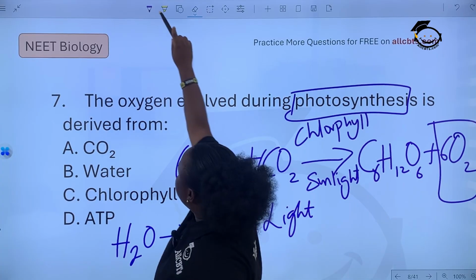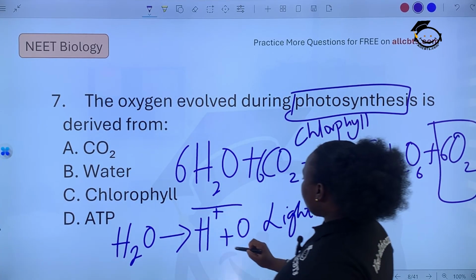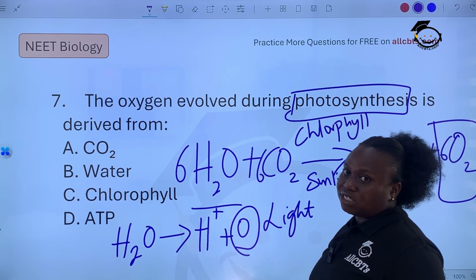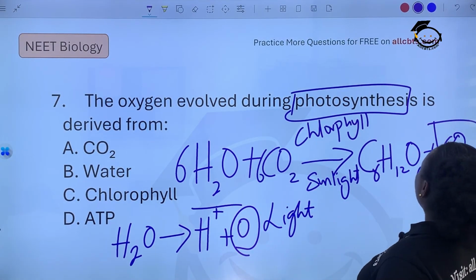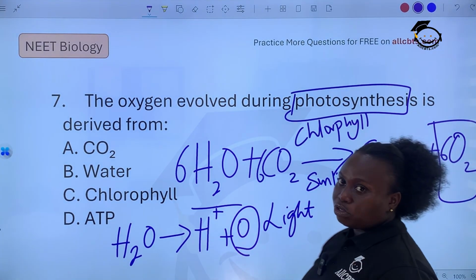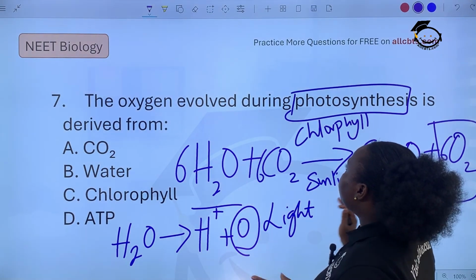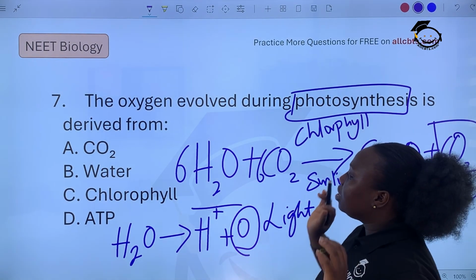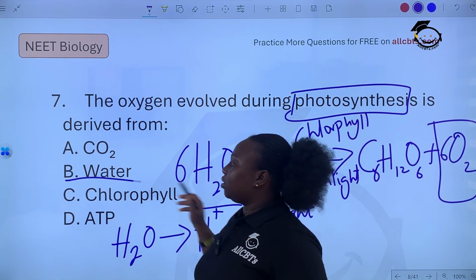Now when they split, this oxygen that has been gotten here after the splitting is what will now be given off at the end of the process. So we can say that the oxygen evolved during photosynthesis is derived from water.